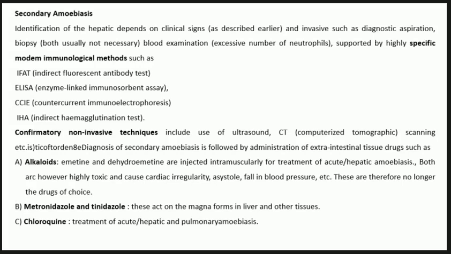You do the electrophoresis and you may see precipitin lines. If precipitin lines come up, then it's a positive test. If nothing comes up, it's a negative test. Then indirect hemagglutination tests are there. So there are so many tests, these are specific modern immunological methods, and these are very effective and give you the proper result.